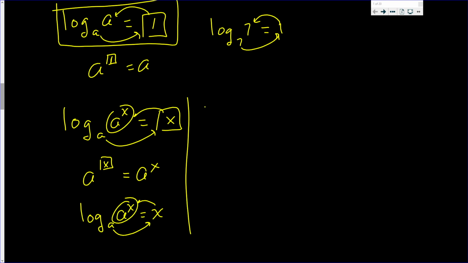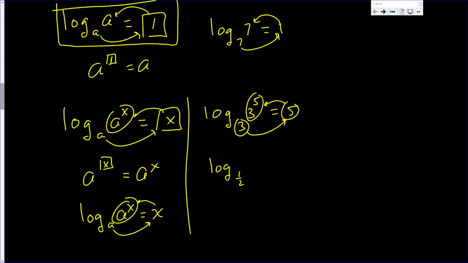So if somebody asks you, what does this equal? You should say 5. Why? That's A, that's B, and that's C. 3 to the 5, yeah, it equals 3 to the 5.